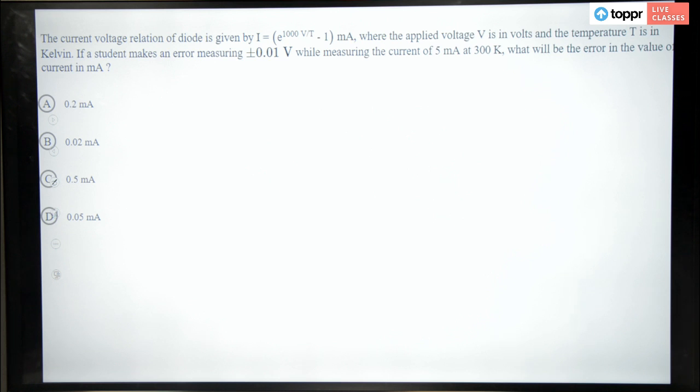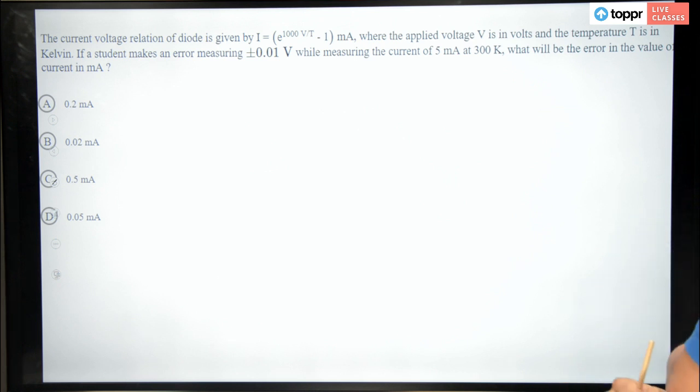If a student makes an error measuring 0.01 volt while measuring the current of 5 milliampere at 300 Kelvin, what will be the error in the value of current in milliampere?